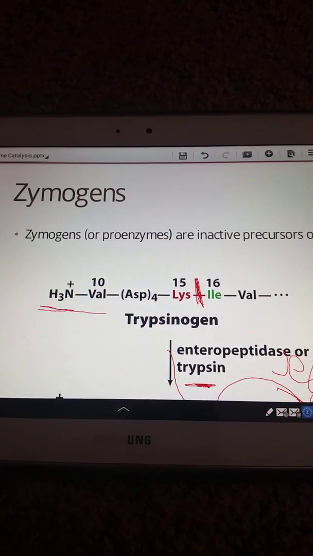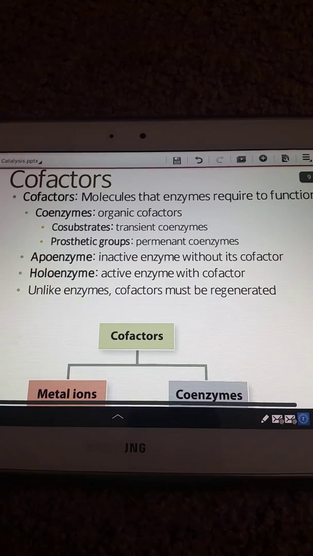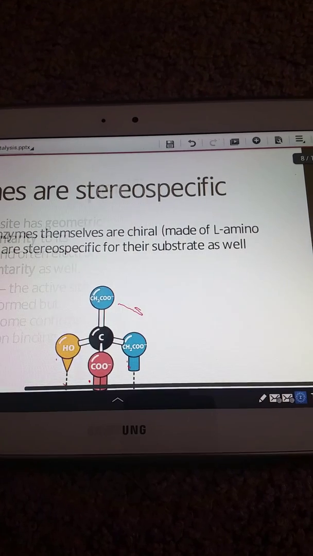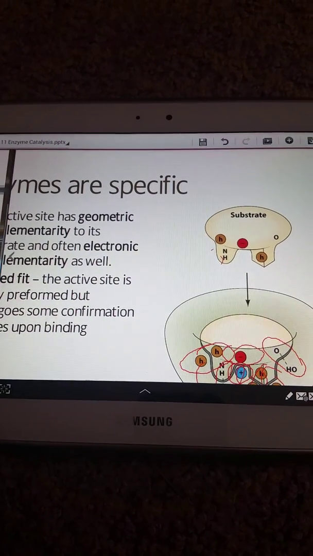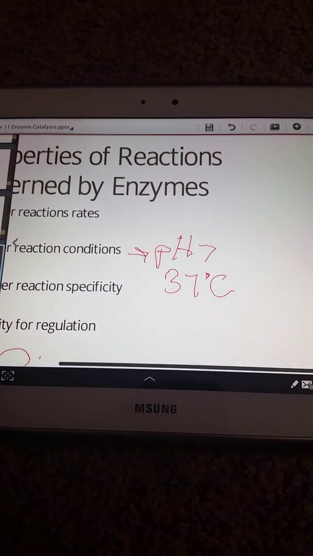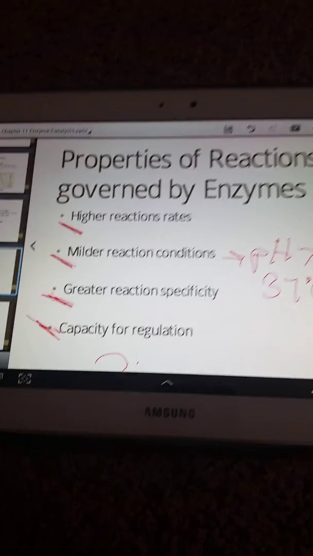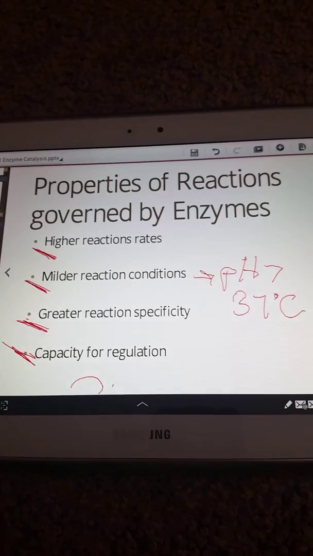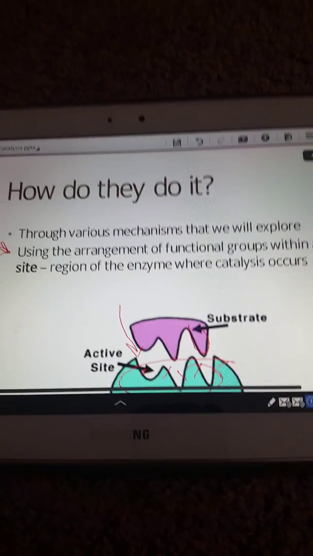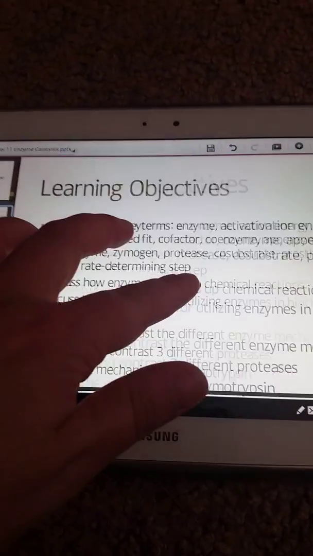And then again, some more key terms like zymogens and proenzymes, the different types of cofactors, stereospecificity, geometric specificity, the classifications of different enzymes, and the properties of reactions that are governed by enzymes, so how enzymes make their reactions unique and ideal. And that's basically it. So we're back at our learning objectives.